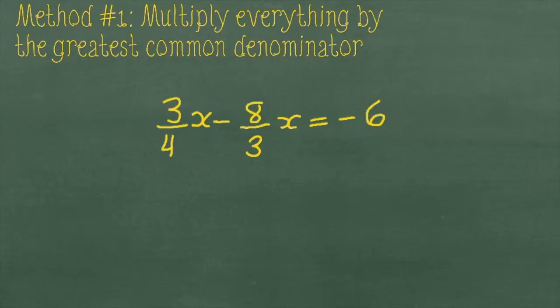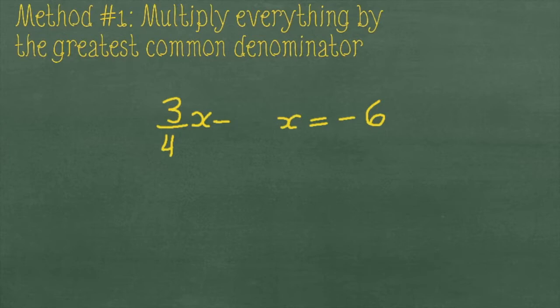If we talk about the first method, this is where we were at the end of the last slide, where I'd put my x's on one side and my numbers on the other. The first way is to multiply everything by the greatest common denominator, and by everything I mean every single term. Let me just change this because this is incorrect. It should be 3 over 8.